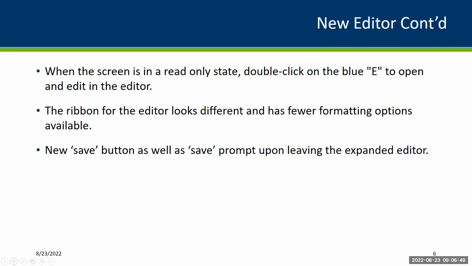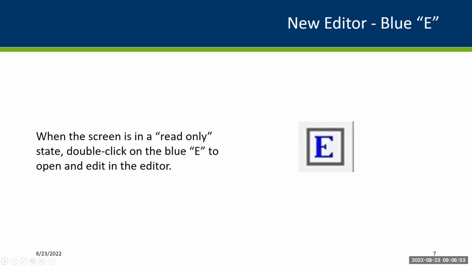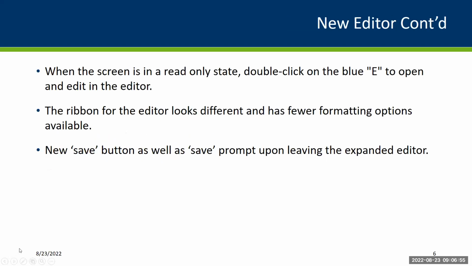Some changes that you're going to see with the new expanded editor include, when the screen is in a read-only state, users will need to double click on the blue E to open and edit in the editor. The ribbon for the editor looks different and has fewer formatting options available, and a new save button is available, as well as a new save prompt that will show upon leaving the expanded editor. So we're going to take a look at a few of these.